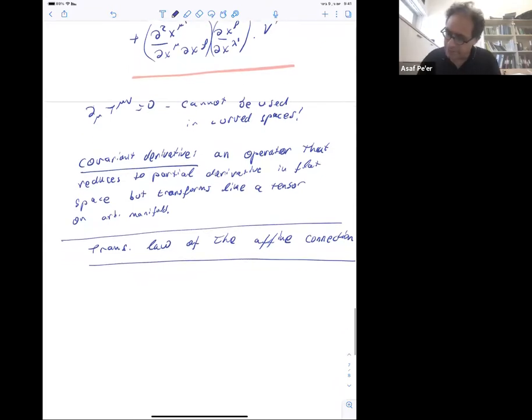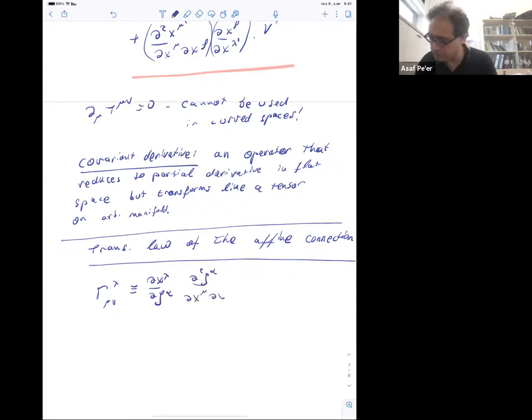Remember, we had the affine connection, gamma lambda mu nu, defined to be d x lambda over d psi alpha, d squared psi alpha over d x mu d x nu. Right? Psi alpha here are the locally inertial coordinate system.